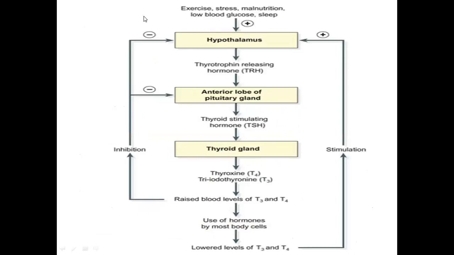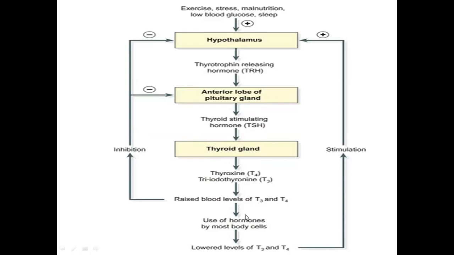Now, consider this flow chart, where it is clearly indicated that whenever there is a slow metabolic rate, the hypothalamus is stimulated and releases TRH, which stimulates the pituitary to produce TSH, and TSH stimulates the thyroid follicles to release T3 and T4, and T3 and T4 raise the metabolic activity in the body.